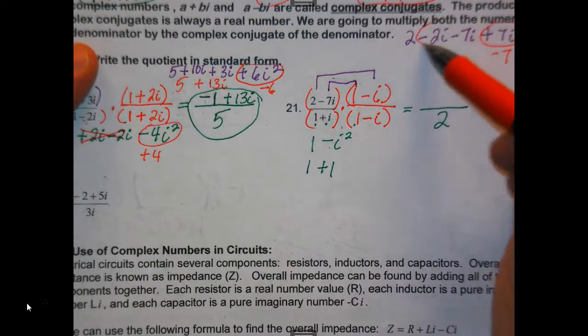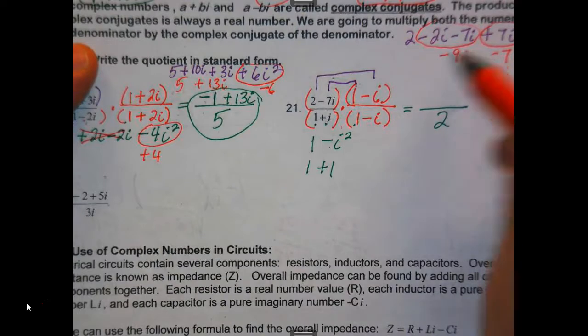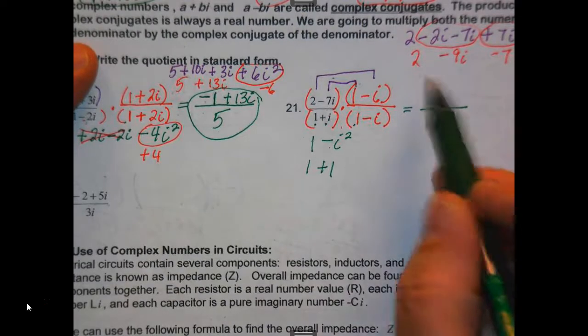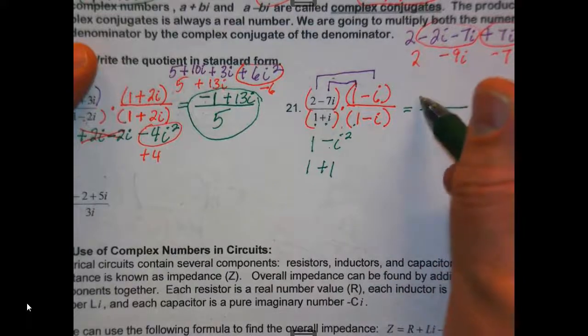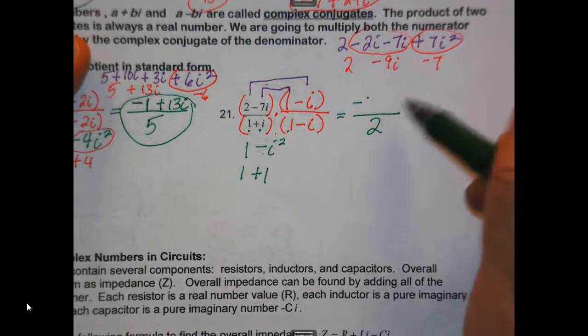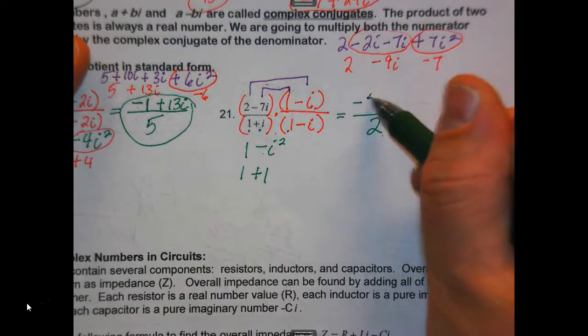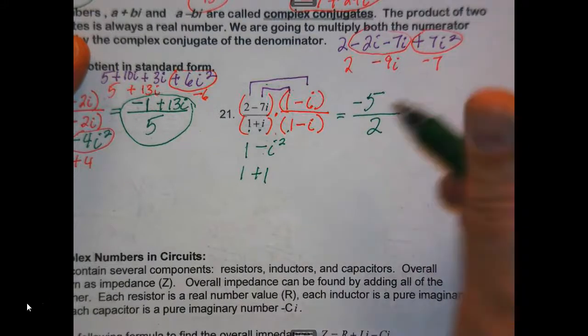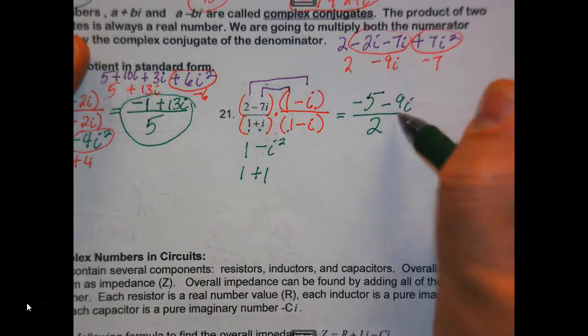Combine your two like terms here in the middle: minus 9i. Bring down your 2. 2 minus 7 is negative 5. Minus 9i.